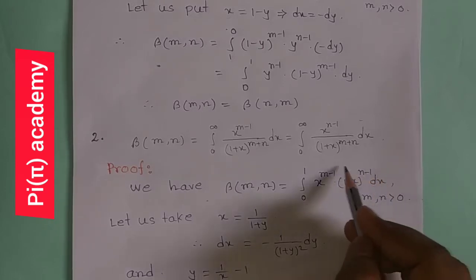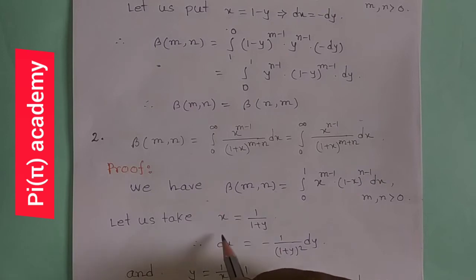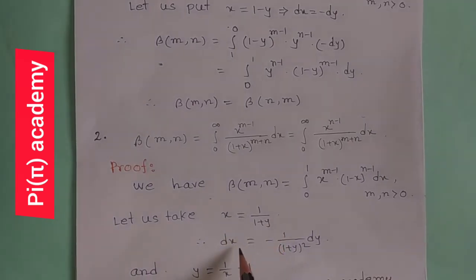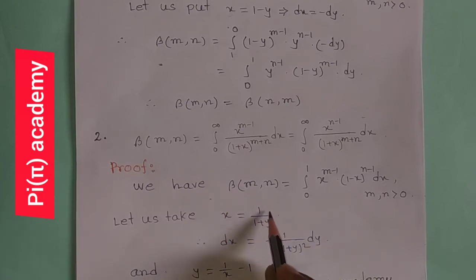From the definition, let us take x equal to 1 by (1 plus y). Therefore dx equal to minus 1 by (1 plus y) whole square into dy, and from this we can calculate the value of y, that is y equal to 1 by x minus 1.